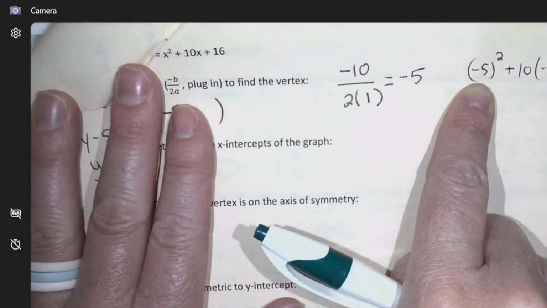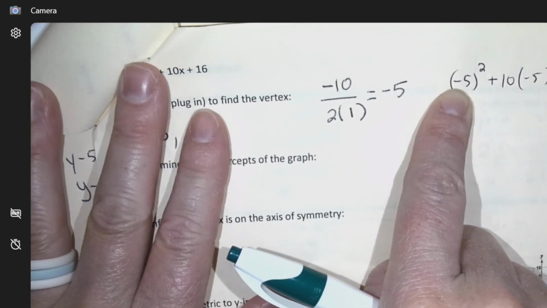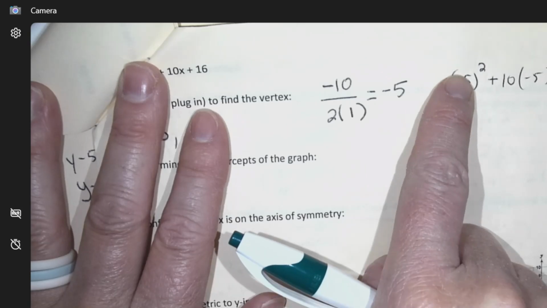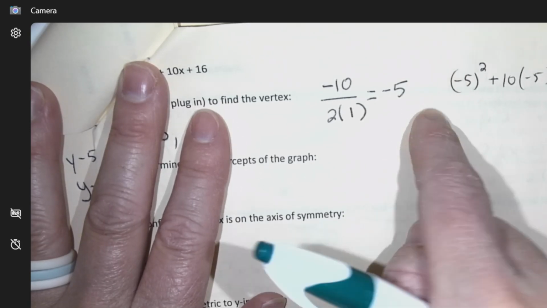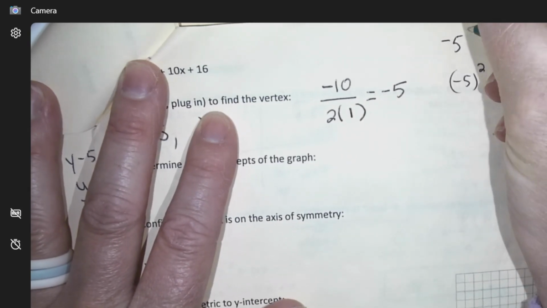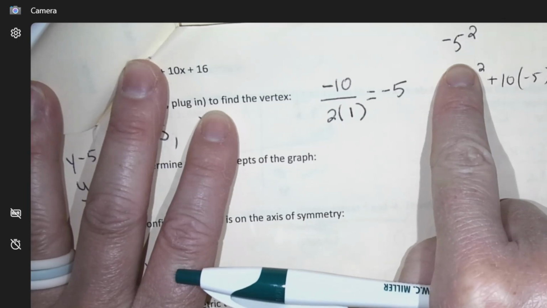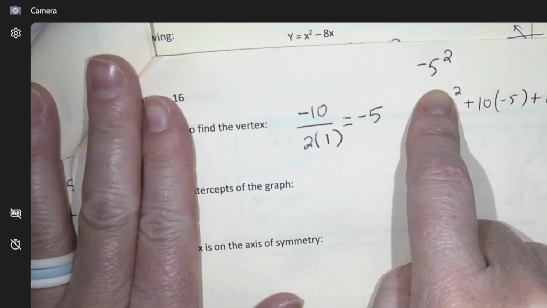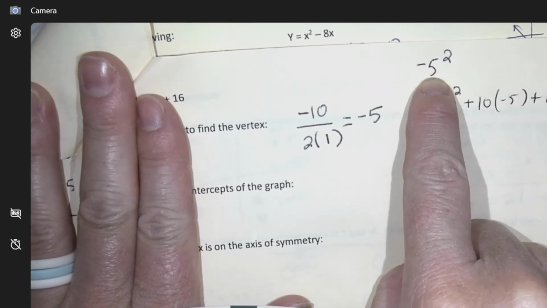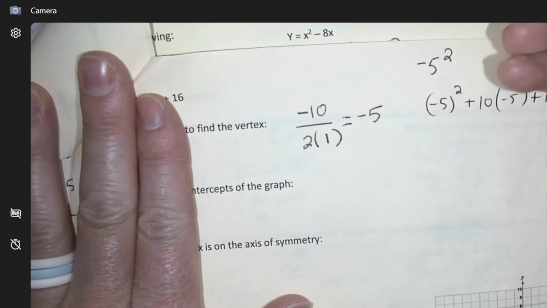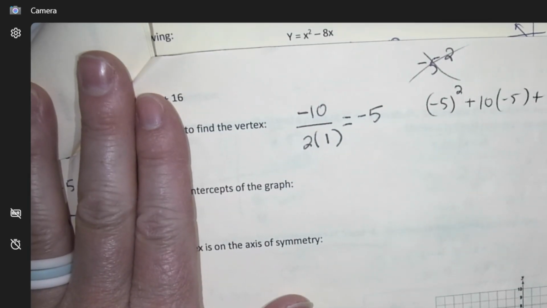Make sure you look on your paper that you wrote this: negative 5 in brackets, squared. If you write negative 5 squared on your paper, I have to deduct you a point. That and that are two different math ideas. Don't want that one.